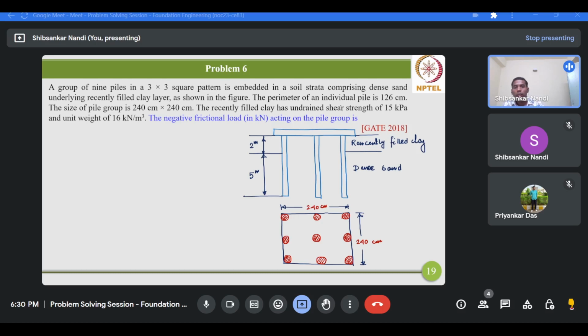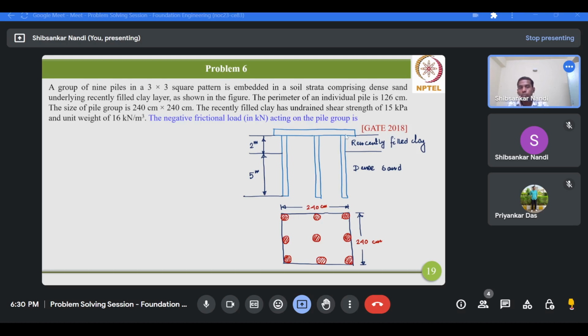The perimeter of an individual pile is 126 centimeter. The size of the pile group is 240 centimeter by 240 centimeter. The recently filled clay has undrained shear strength of 15 kPa and unit weight of 16 kg per meter. The negative frictional load acting on the pile group is?